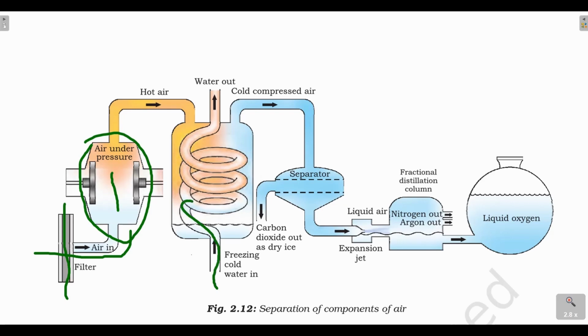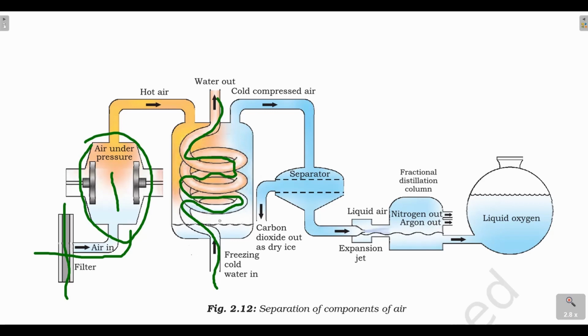There is a pipe moving like this, and cold water is passed through this pipe for the condensation process. When this cold water passes by the hot air, the heat from the hot air is absorbed by the cold water, so the hot air gets cooled down.